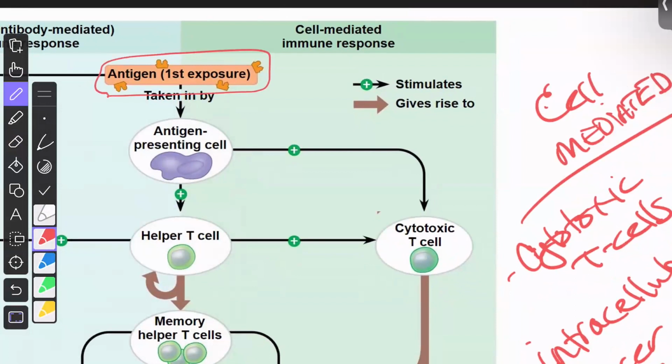Okay, so we have our antigen arriving, our first exposure of our antigen here, okay? And that antigen is going to be taken up directly by an antigen presenting cell. And that antigen presenting cell is going to do one of two things. What are those two things?